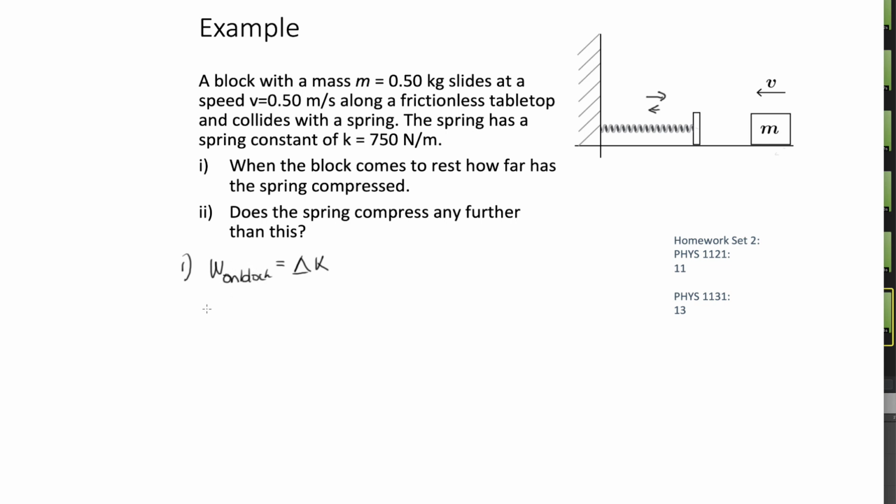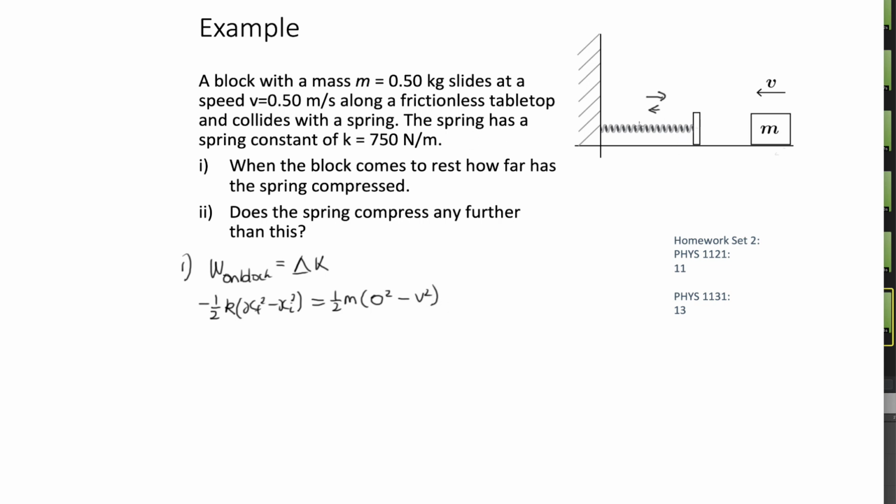So we can write this down because we know that it's a spring, and we know that the work done by a spring is given by minus a half k (x final squared minus x initial squared), and that's equal to the change in kinetic energy, which is a half m (v final squared, which is 0 squared because it comes to rest, minus v squared), the initial velocity v here, which was given in the question.